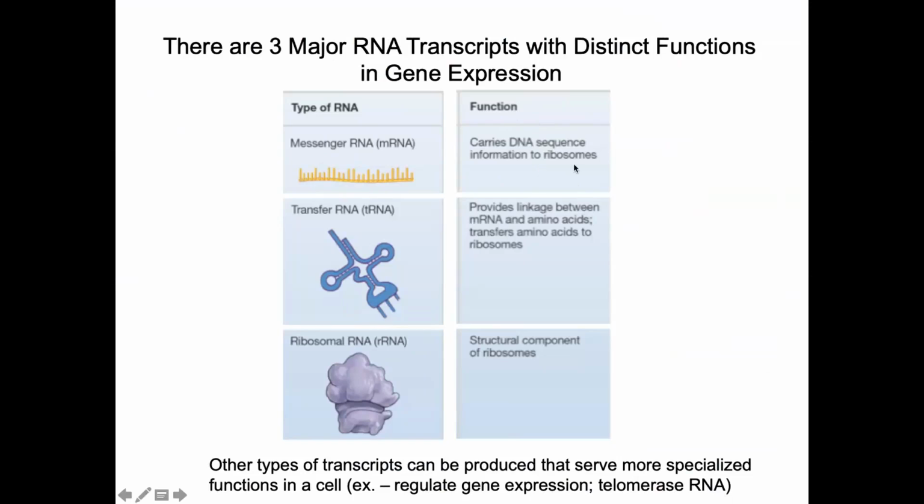In other words, it carries information that will tell the ribosome to create a particular string of amino acids during protein synthesis. The tRNAs serve as the vehicles by which individual amino acids are carried to the ribosomes, where they can then be used for protein production. Remember, there are 20 different amino acids that are used to construct proteins in the living cells we're aware of and have characterized, life as we know it on this planet.